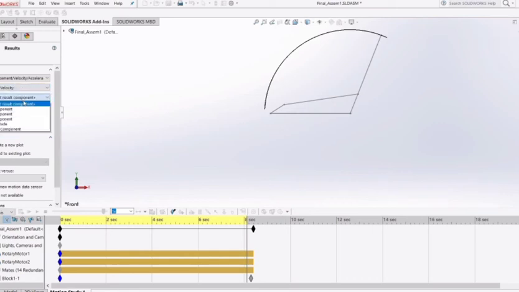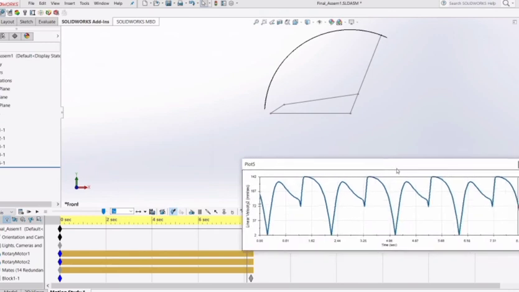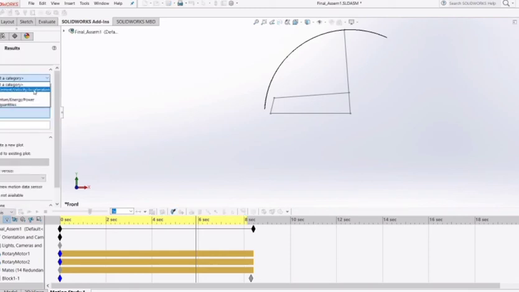Suppose we want the velocity of a point on the output link, and the corresponding graphs. Suppose we are taking this point on this output link. The graph is as follows. For acceleration analysis, we can select the category of acceleration, linear acceleration.